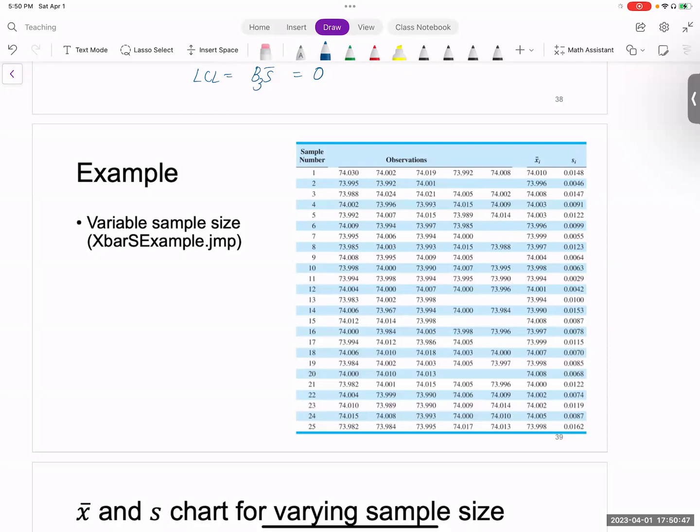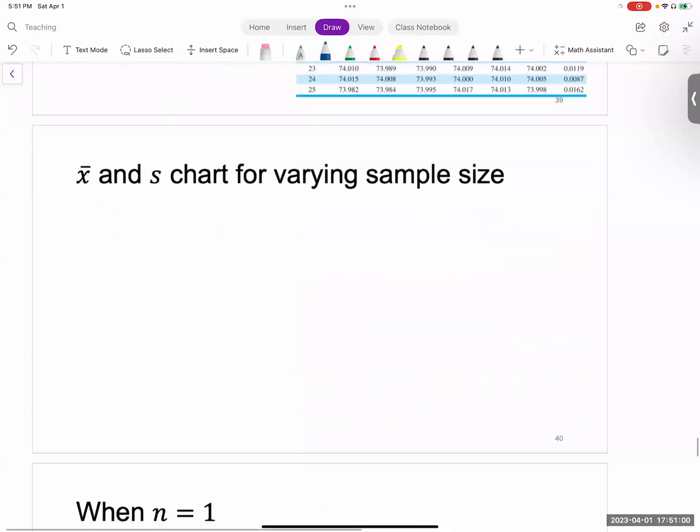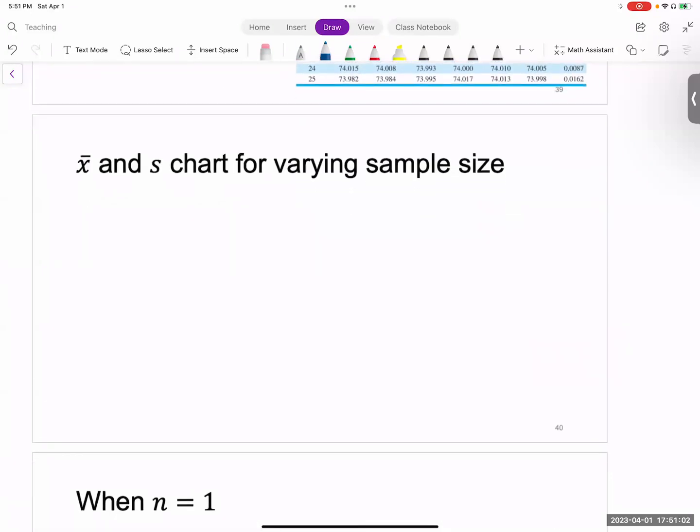So we just change the way we compute X double bar and S bar. Everything else remains the same. We just change how X double bar and S bar look, because now they depend on the sample.